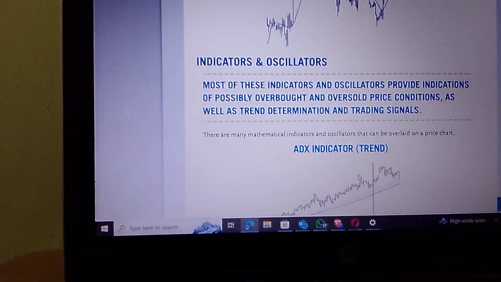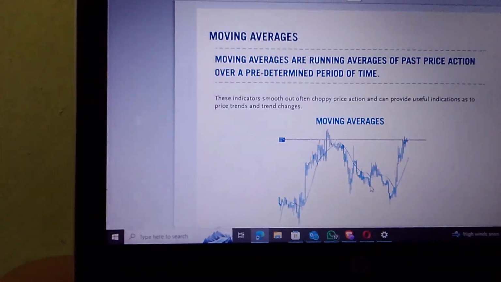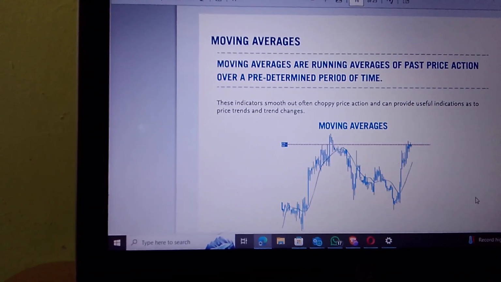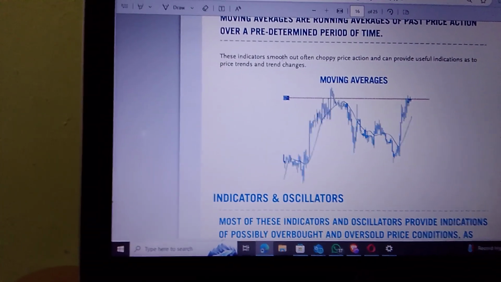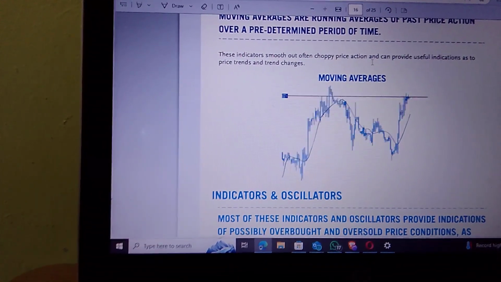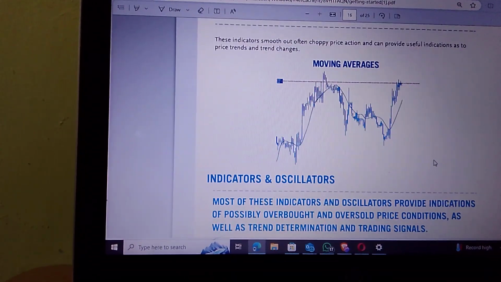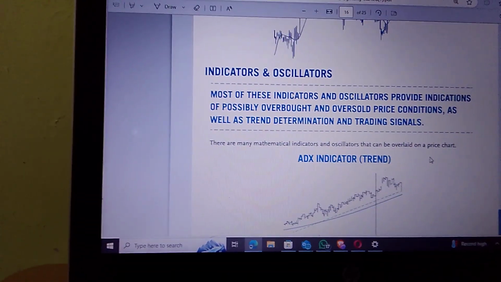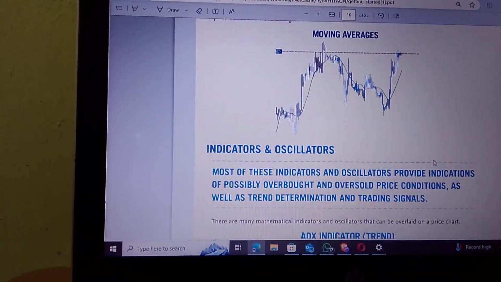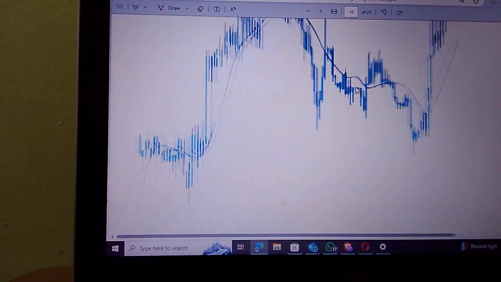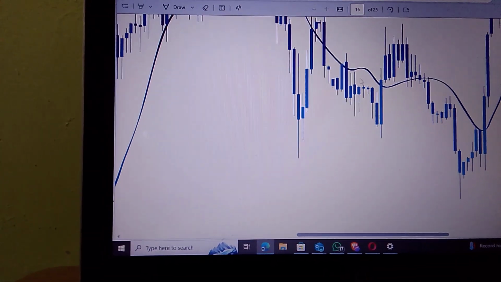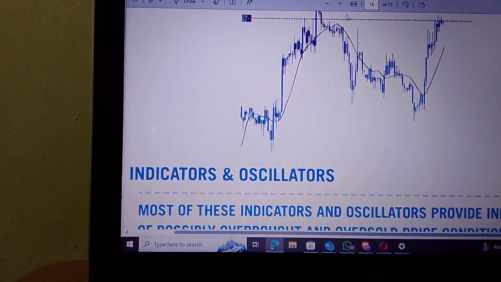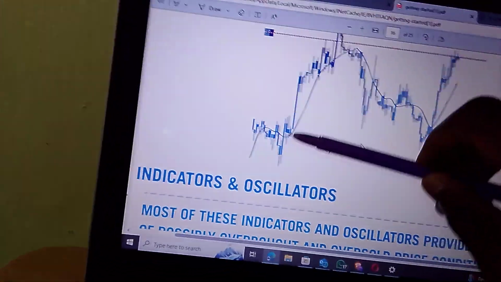Okay. Moving on. Moving averages are running averages of past price action over a predetermined period of time. These indicators smooth out often choppy price action and can provide useful indications as to price trends and trend changes. So indicators, and okay, here actually I think I can figure out something. So you can see this continuous line, this one here.